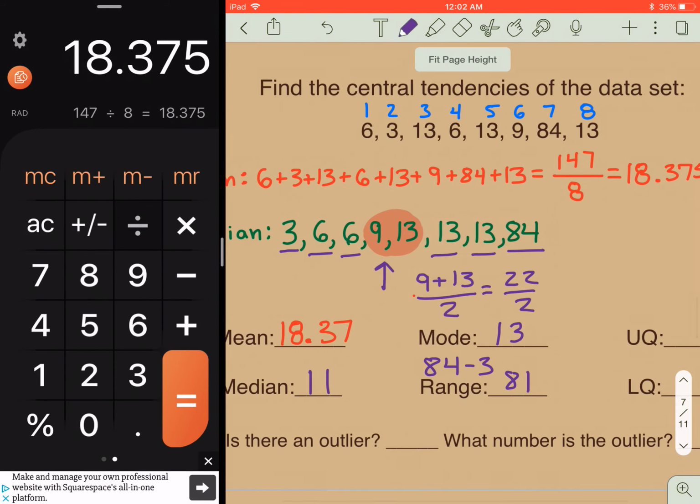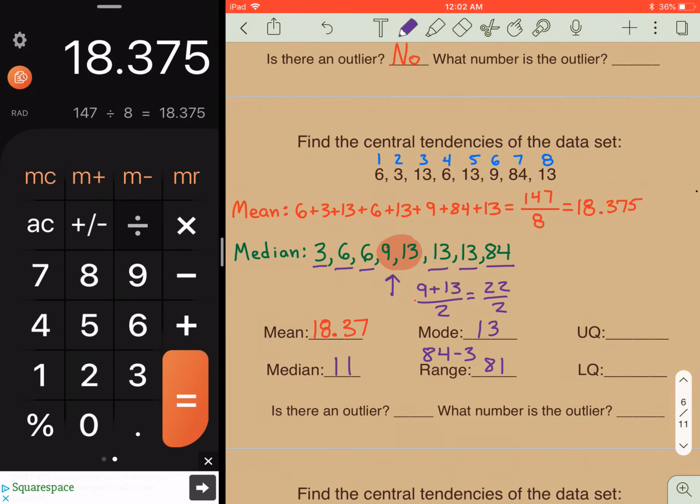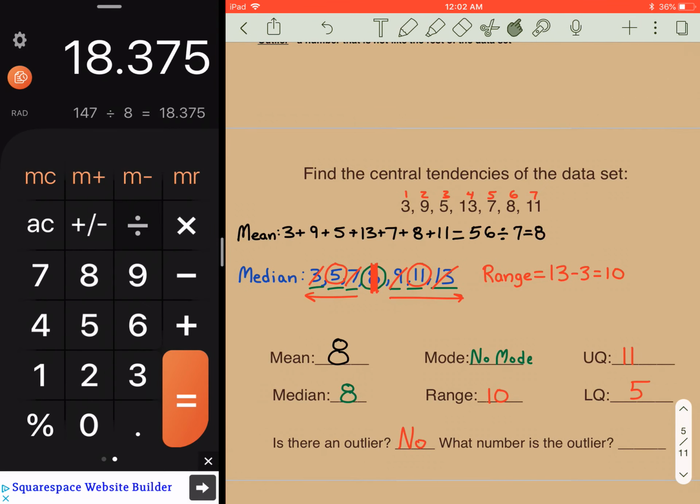And the upper and lower quartiles, remember, are the median of the upper part of our data set and the median of the lower part of our data set. On the last example, I'm going to scroll up real quick. We had one number in the middle right here, so we crossed it out and went left from there and right there.